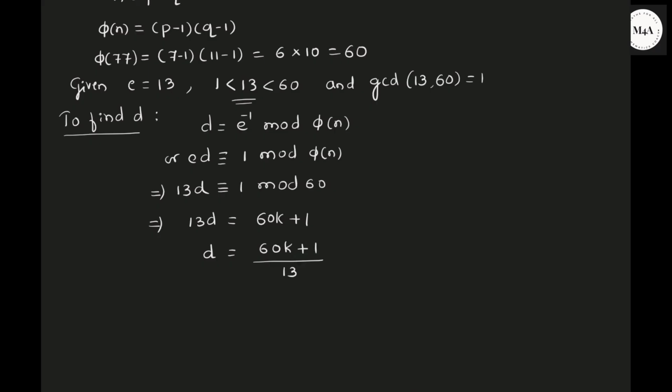Now put a K value so that it is divisible by 13. If I put K as 8, then we will get D as 37.